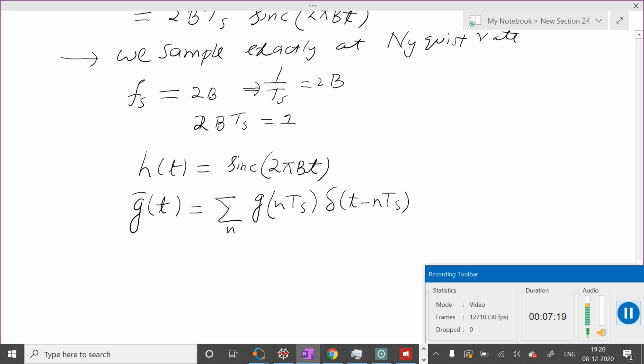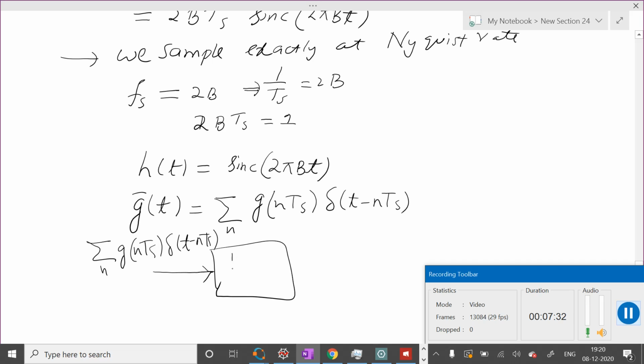And now we are passing this through the filter with response h of t, and then this will be the output.